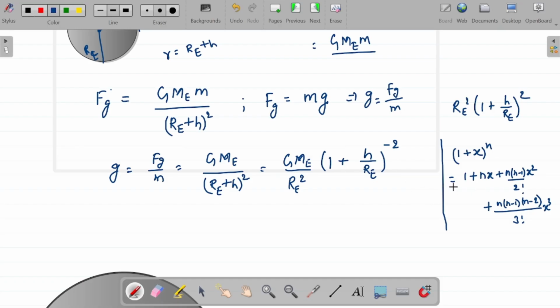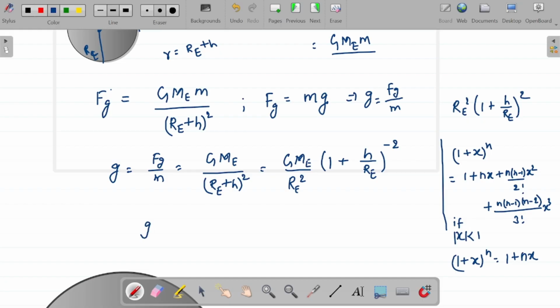If x is less than 1, meaning the mod of x is less than 1, then x square will be much less, and x cube too. So in this case we are going to neglect those terms, assuming the value will be sufficient up to here. So we can take (1 plus x) to the power n equals 1 plus n x. This is what I'm going to use here.